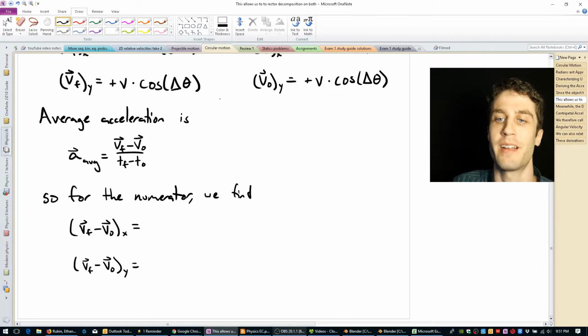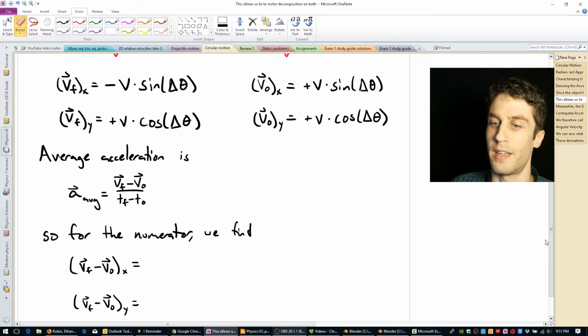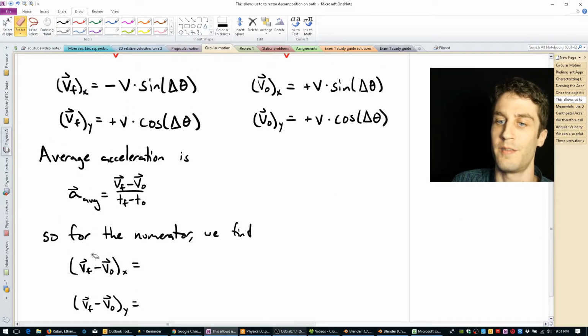And average acceleration, a average, I need the vector sign over it, equals v final minus v initial vectors divided by t final minus t initial. And so for the numerator, we're going to find, component by component, the average acceleration. V final x minus v initial x.